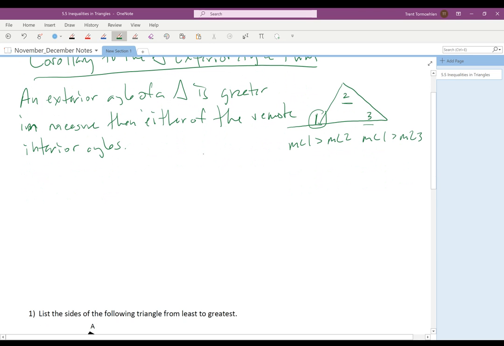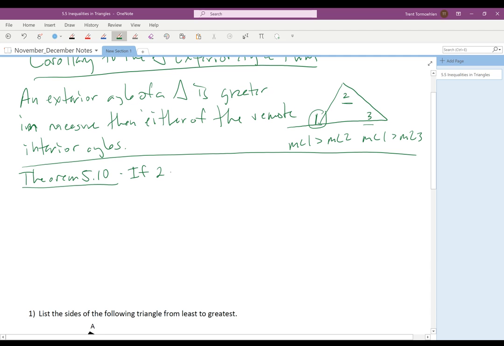Okay, and then we have a couple other theorems. The first two are similar to each other. So theorem 5.10 says if two sides of a triangle are not congruent, which, by the way, reminds us of the isosceles triangle theorem, which starts out with if two sides of a triangle are congruent.